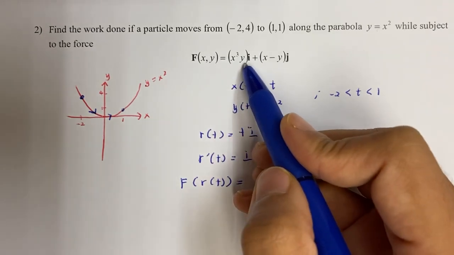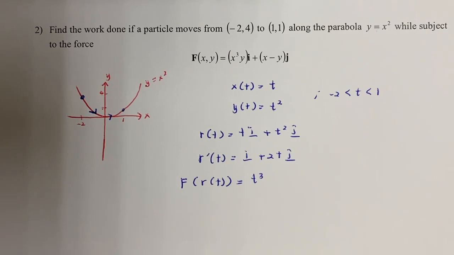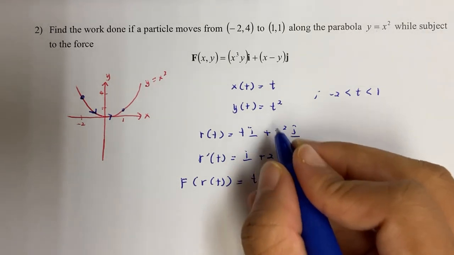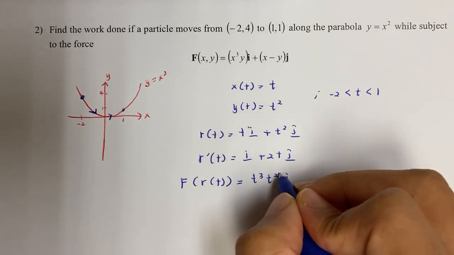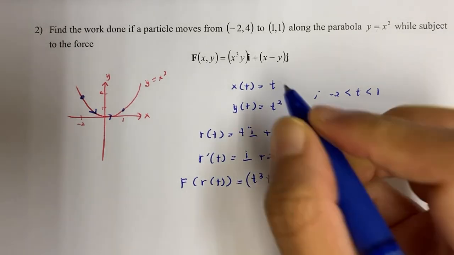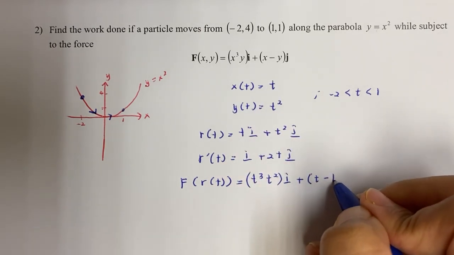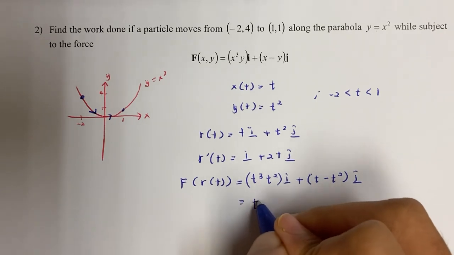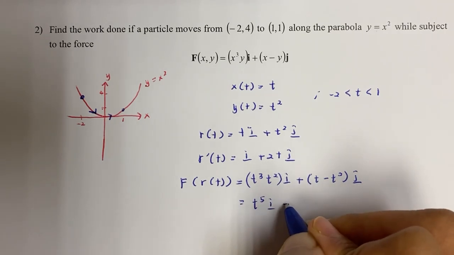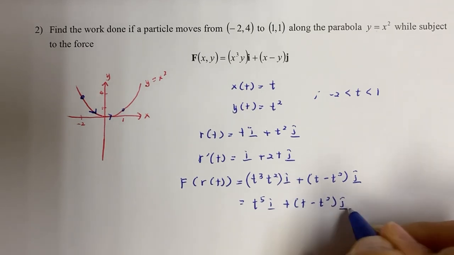So x cubed is t cubed multiplied by y, y is t squared, so this is for i. Plus x minus y, x is t and y is t squared, for j. So here I have t to the power of 5 i plus (t minus t squared) j.